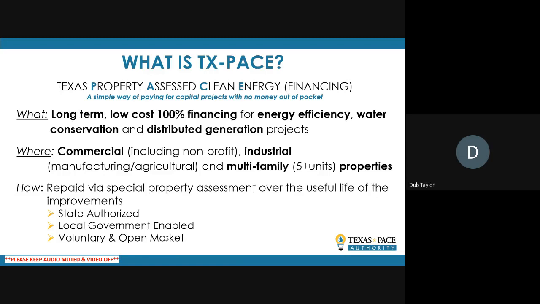And then property owners can voluntarily participate if they think it's a good financing mechanism for them. And it's open market, meaning that any capital providers, contractors, owners, there's no pre-qualified or predefined list of participants. If it makes sense, then they could probably be part of it.